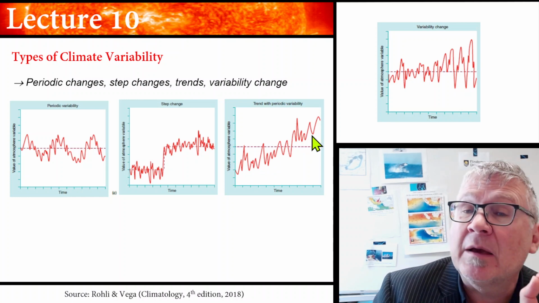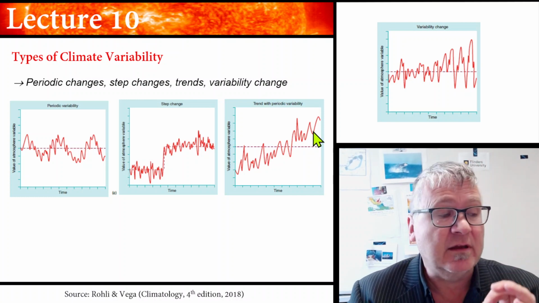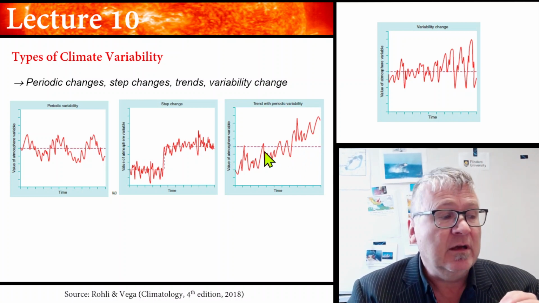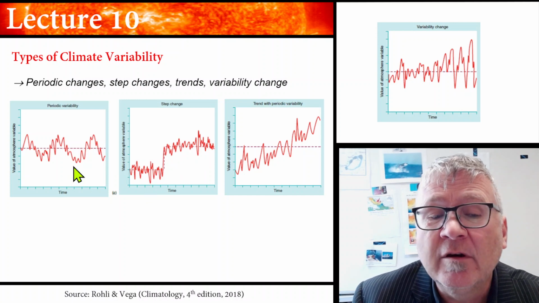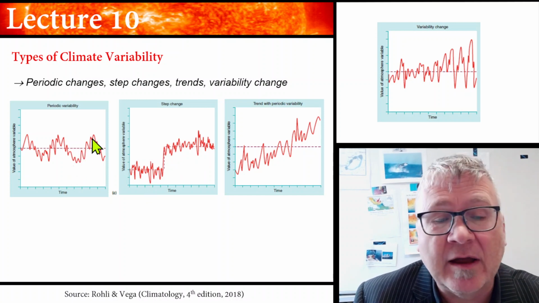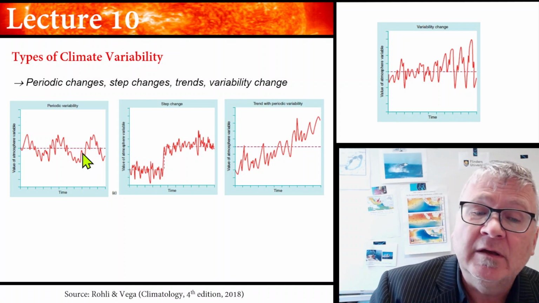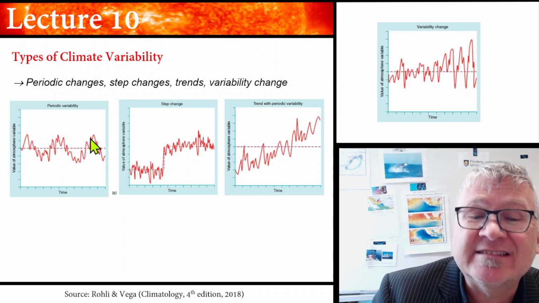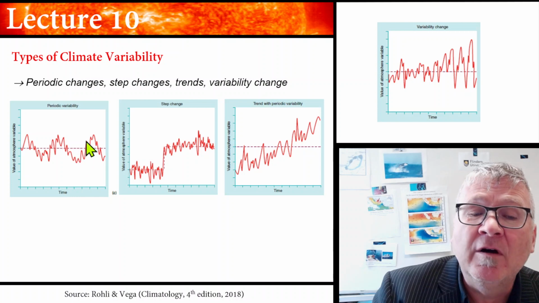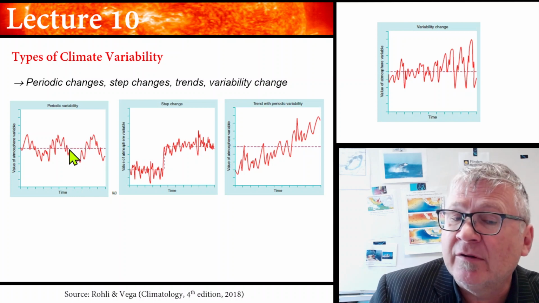And here already comes my criticism, because you actually get a positive trend if you just go back to the first image and you just grab one part. Here you get a positive trend on this upward side of your wave, or you get a negative trend on the other side.